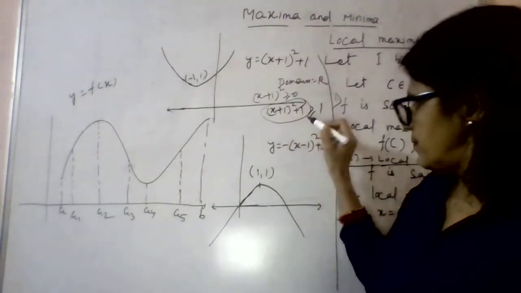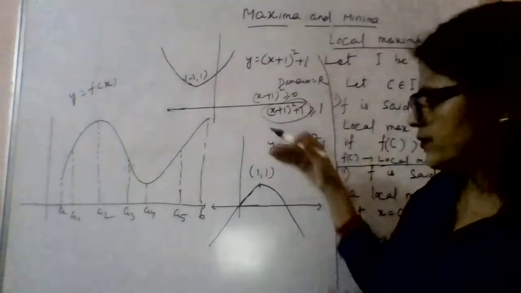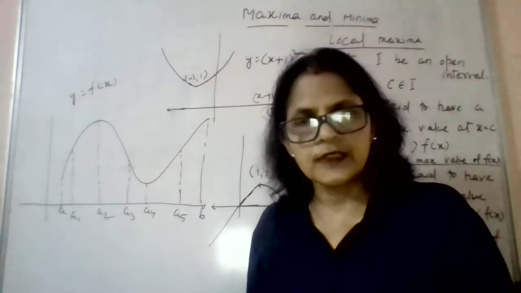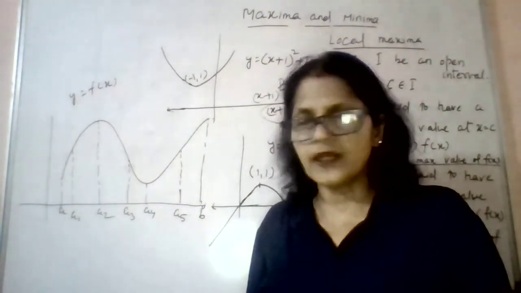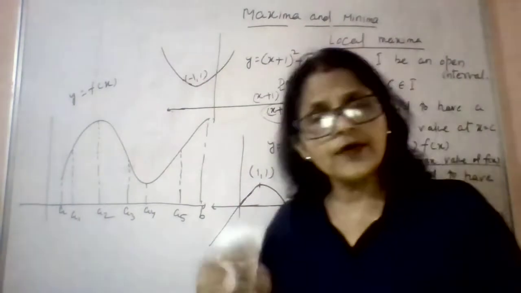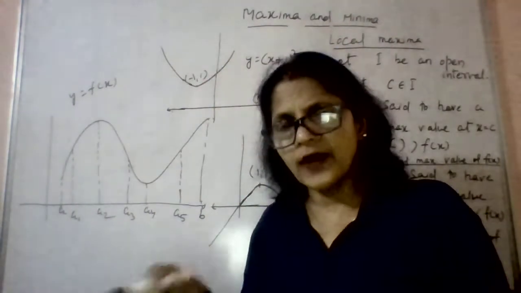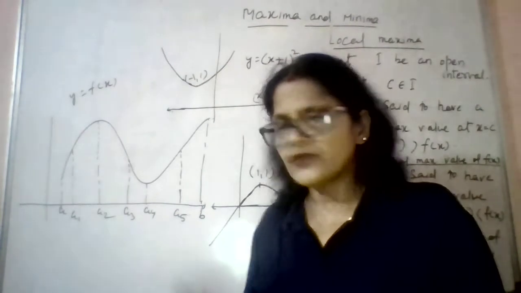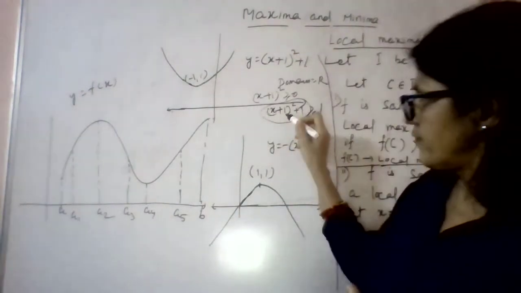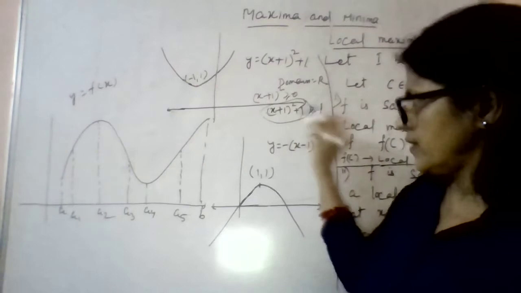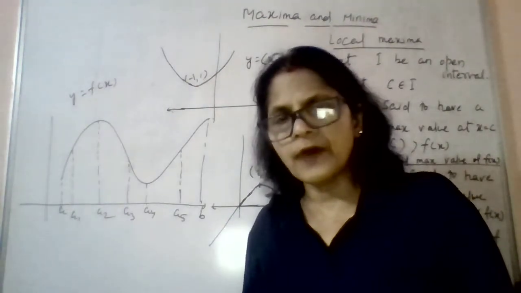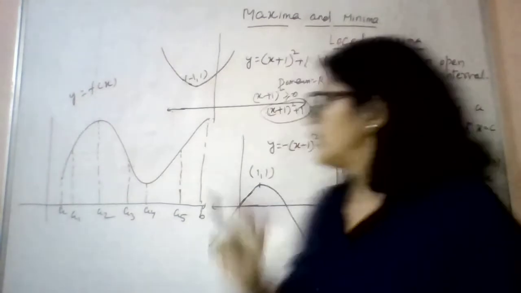Since 1 is the lower limit and the value can go more than 1, extending to infinity, the minimum value of the function is 1 and there is no maximum value. It is unbounded from above.